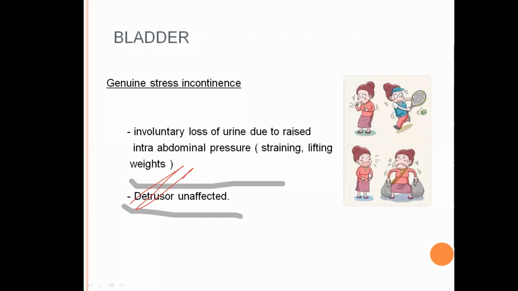But the woman who has a hearty laugh will immediately feel a few drops of urine getting into the underpants. Most of them won't even come to the consultation because they have an inhibition to come and tell about this, but only when it becomes very frequent they come and tell us. So please remember, in a 40 plus woman complaining of incontinence, the quantity of incontinence is very small and is related to the stress.